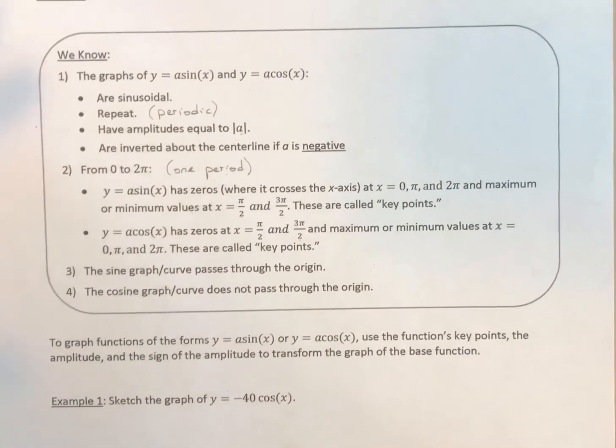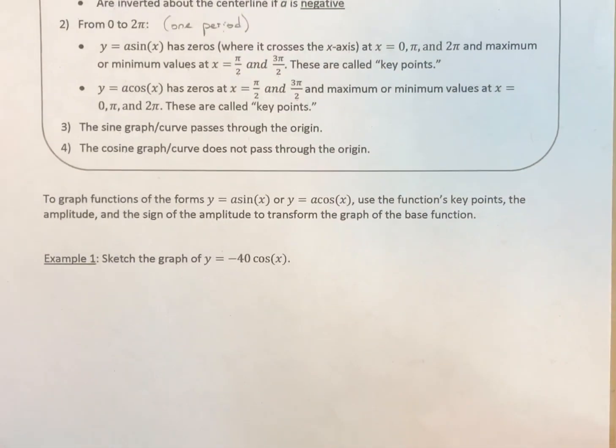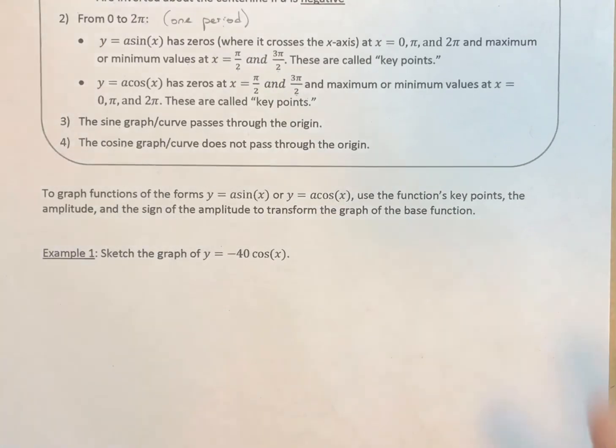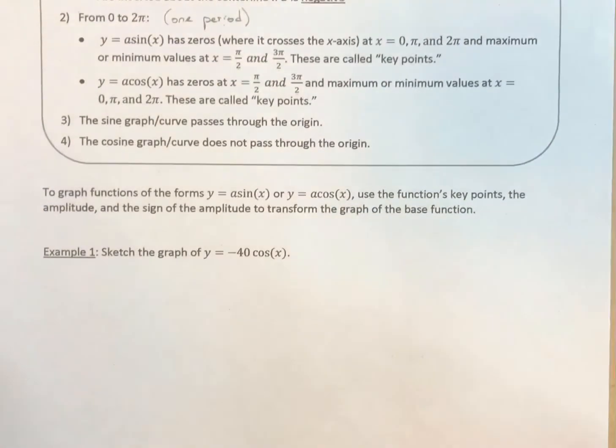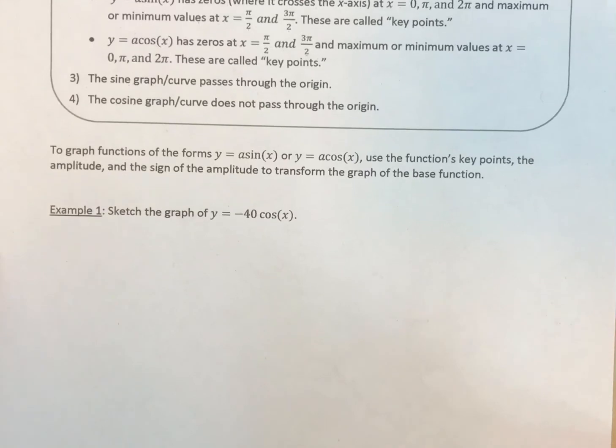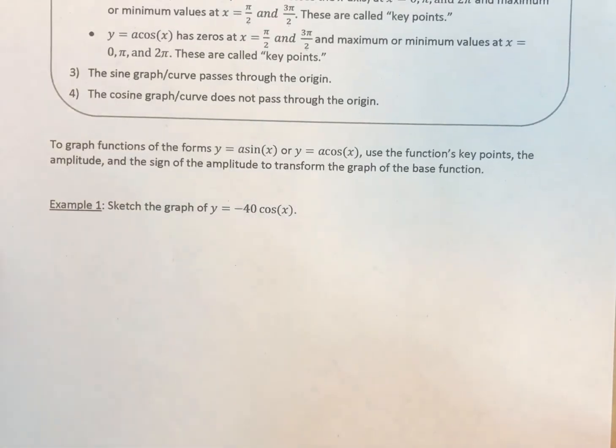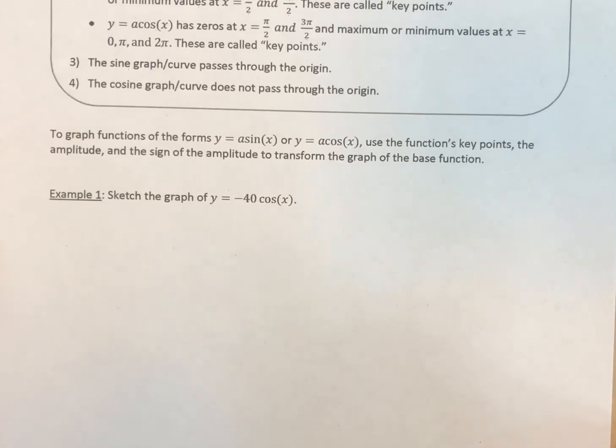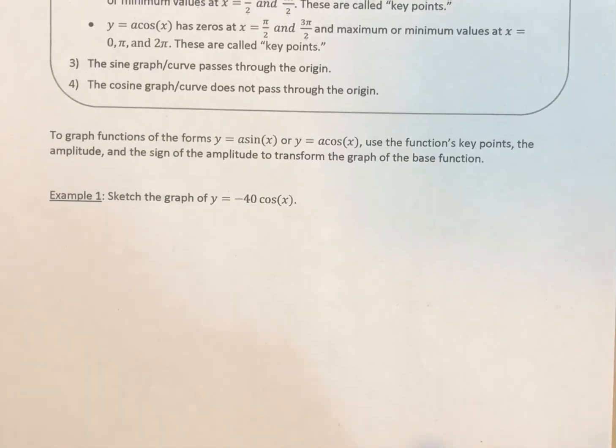So let's graph them. This time we're going to focus on those key points. We're not going to worry about getting every possible value of the radians. We're just going to look at the key points of 0, pi over 2, pi, 3 pi over 2, and 2 pi.